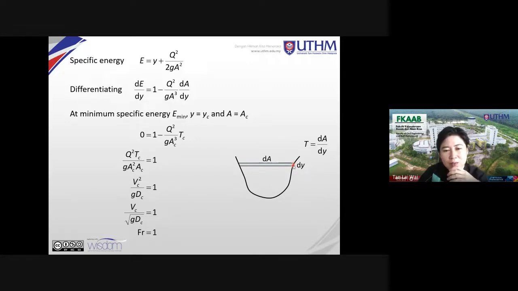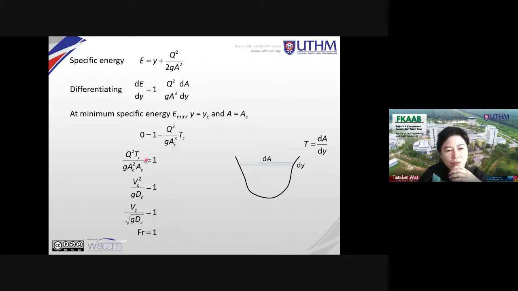So T times dy will get dA. Therefore, dA over dy, I can use T to represent it. So therefore, you have Tc. I set it equal to Tc because I already set dE over dy equals to 0. Since I already recognize this as minimum, this becomes the critical state already.